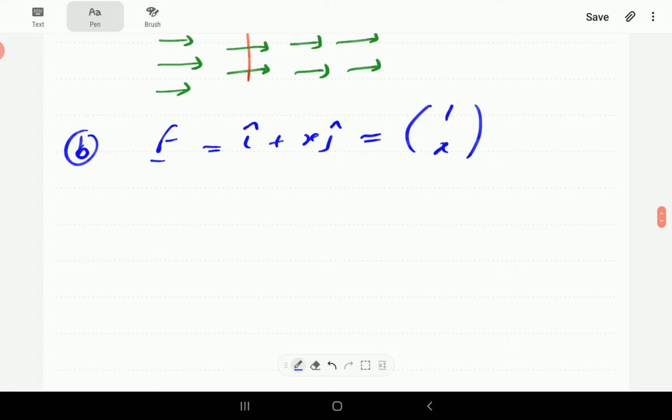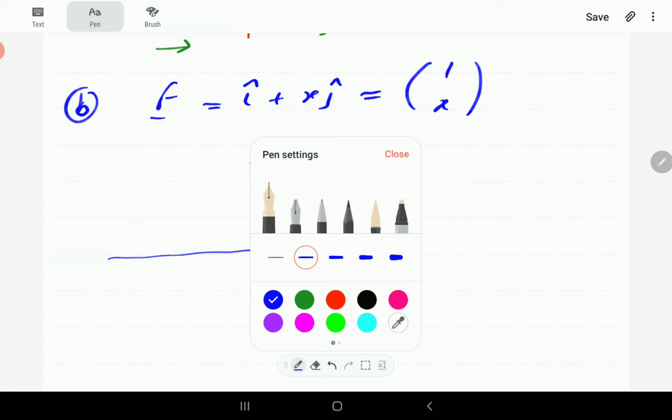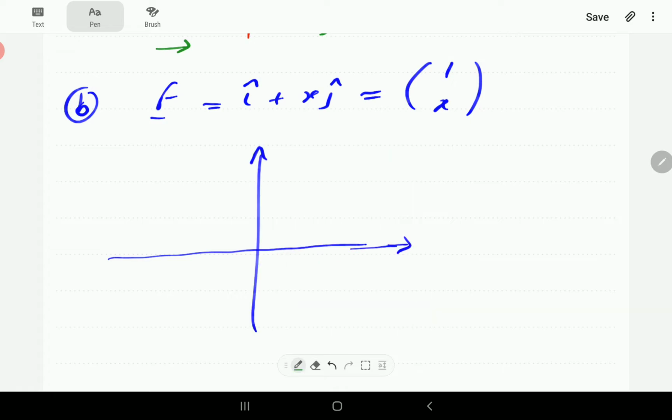Right, so let's have a look at this one. Now, whenever you have a vector field that involves x and/or y, the first place to start with in terms of the sketch is the axis.